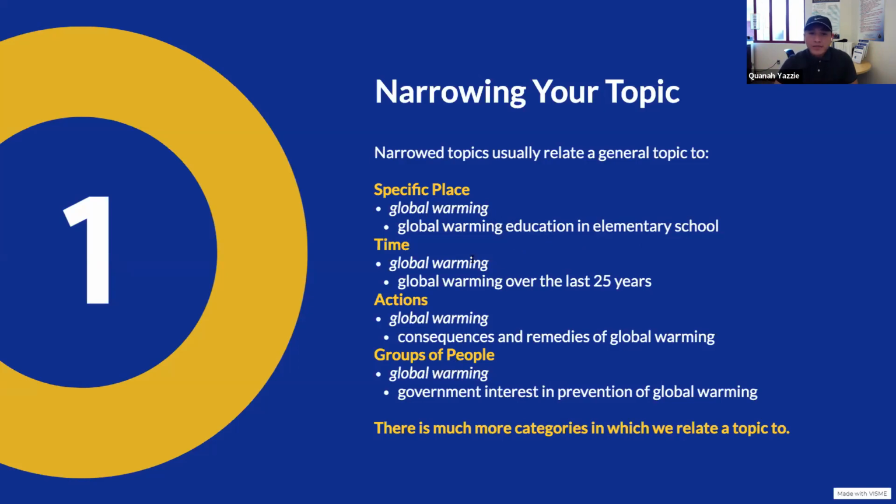The same with time. Global warming over the last 25 years, that's what our focus is going to be with time. Consequences and remedies of global warming, the actions of global warming. What are the consequences from it? And with groups of people, government interest in prevention of global warming. So we're attaching groups of people to our topic.